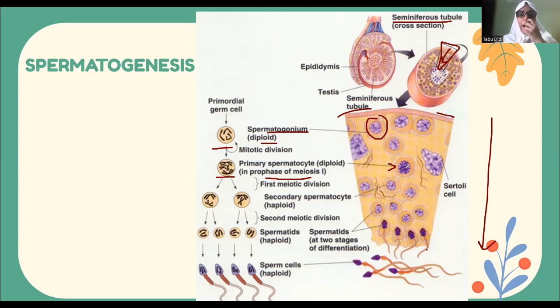Now after multiplication, the mitotic division is done. Now they will undergo division again, but meiotic division after the growth phase. And here you will see the spermatids in this region, and when they are functional, they will be concentrated in the center. So the sperm cells are haploid in nature.